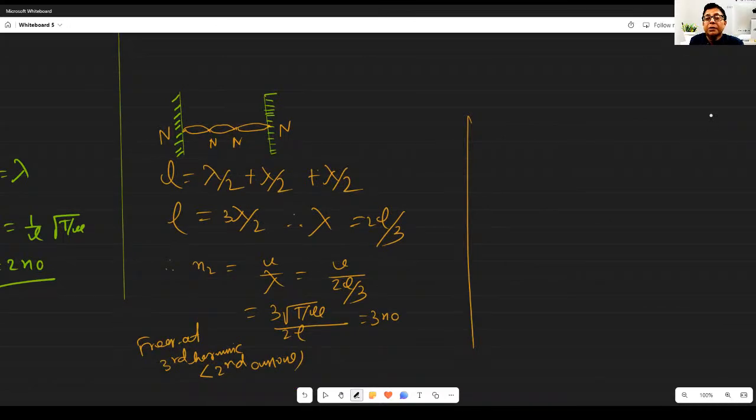Therefore, for n loops, for nth overtone, you write the relation, or pth overtone.